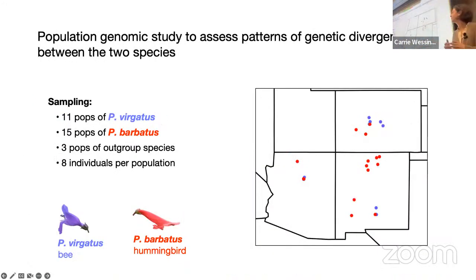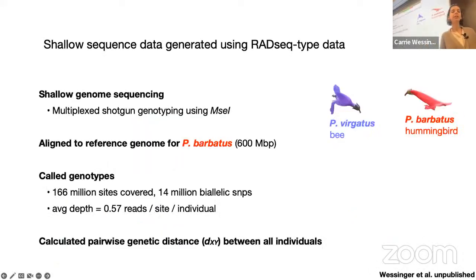So to examine patterns of genetic divergence between these species, we sampled several populations of each across their range, sampling 8 individuals per population. And we generated shallow genomic data, again using multiplex shotgun genotyping, but this time using a really frequently cutting restriction enzyme.